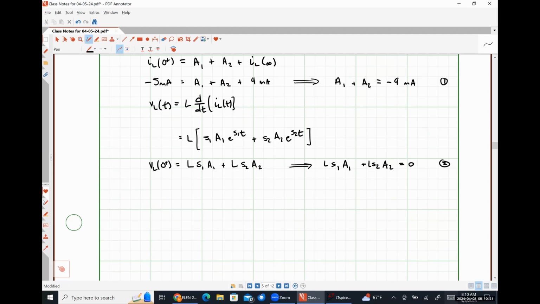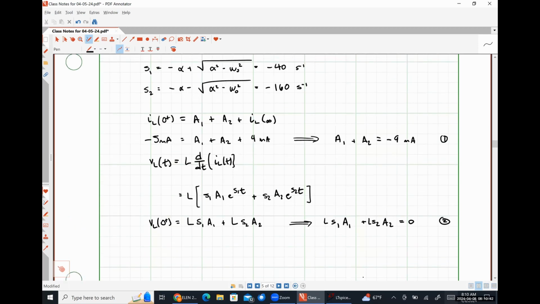So I'm going to put in here a 2x2 system solve. My coefficient for A1 in my first equation is 1, my coefficient for A2 is 1, and my constant term is negative 0.009. In my second equation, my coefficient for A1 is S1, which was negative 40. My coefficient for A2 is S2, which is negative 160.